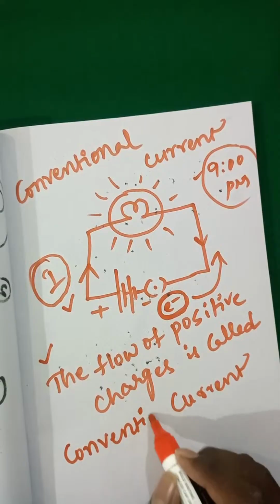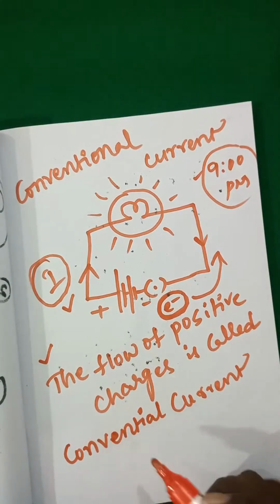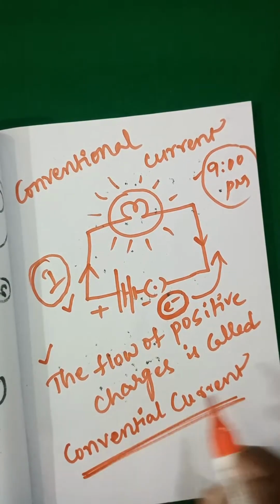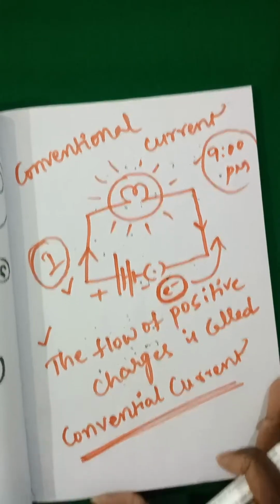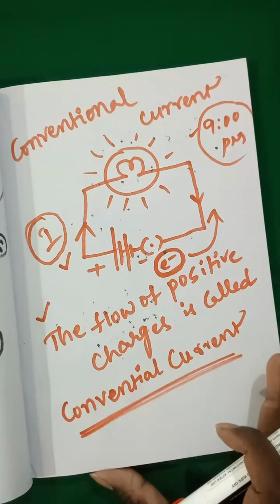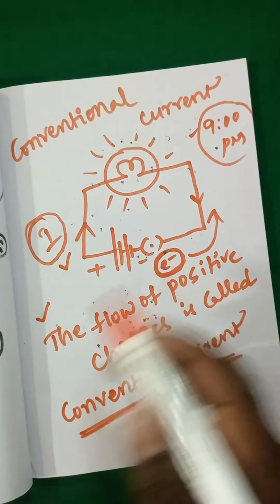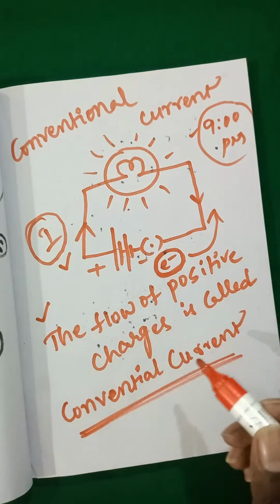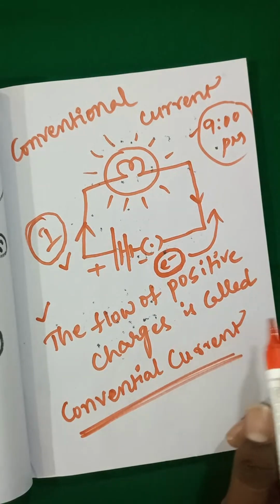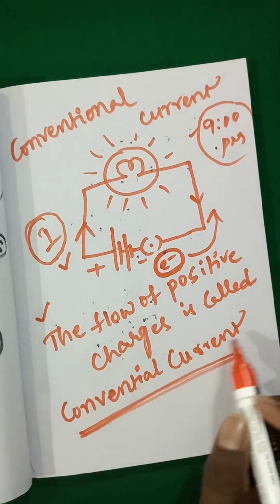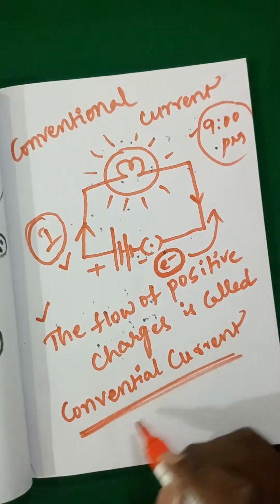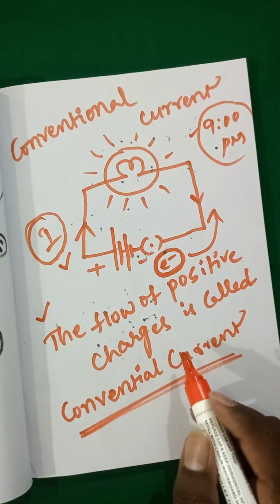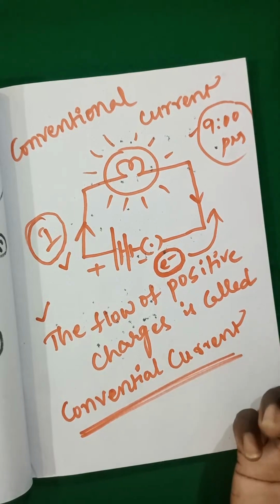So we still use it for our convenience, for utilization of all their experiments and hard work. That's the reason we are using the statement: the flow of positive charges is called conventional current, and the direction of flow of positive charges is called conventional current direction.